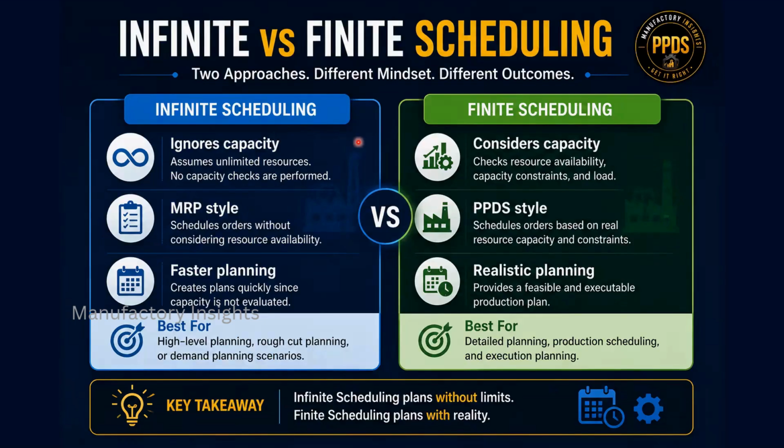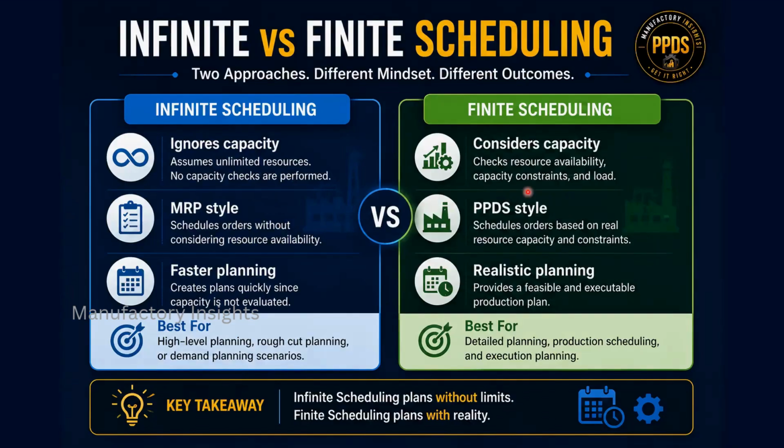To understand PPDS scheduling, we first need to understand the difference between infinite and finite scheduling. Infinite scheduling assumes unlimited capacity. Orders are scheduled without checking whether the resource can actually perform the work. This is typically how MRP behaves.